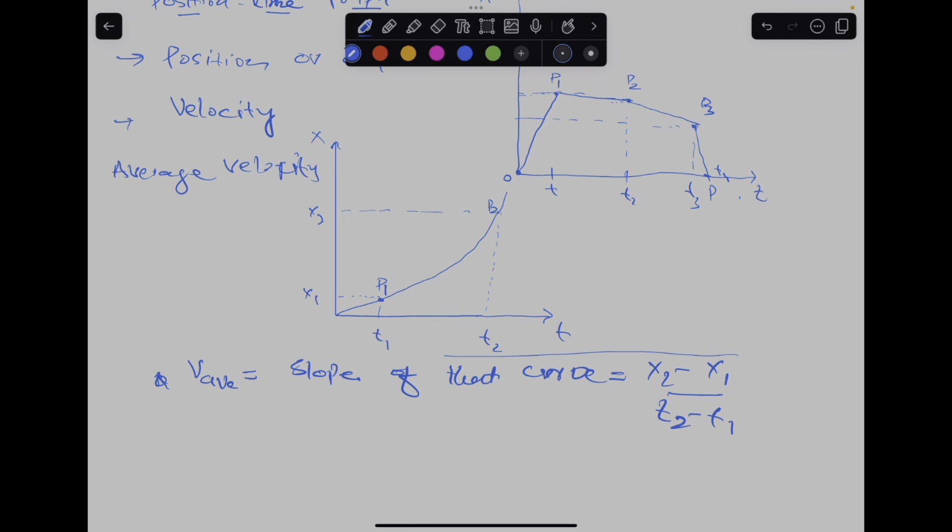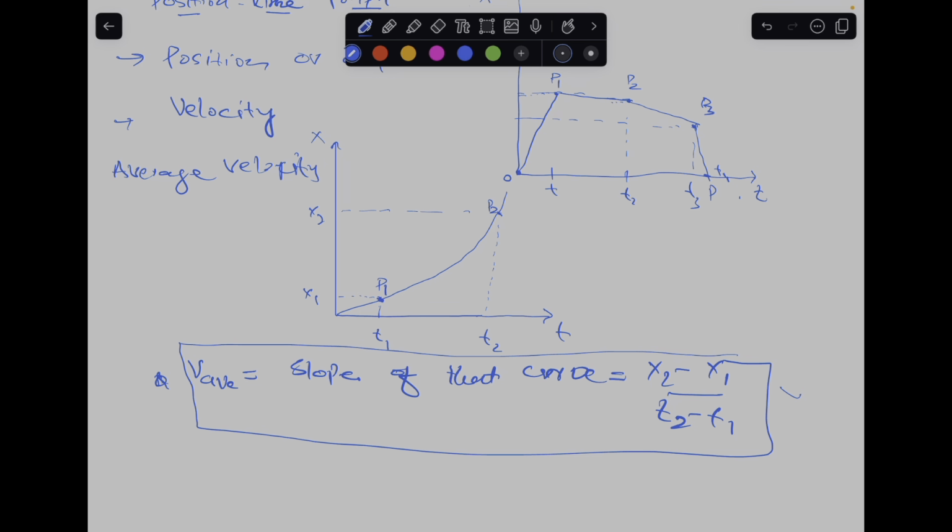So you can find the average velocity of the object using the position versus time graph, using the slope of that curve, selecting any 2 points on the curve, and using the 2-point form like what you do in your calculus. So this is your average velocity.